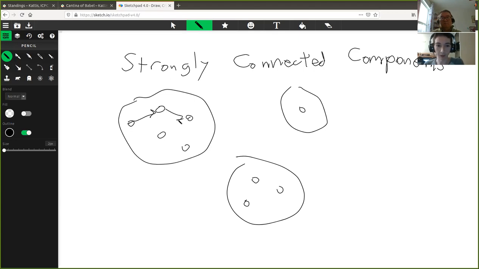So like everything can reach everything within any of these sets. And then any edges going between the components don't have cycles. So it's a directed acyclic graph if you only consider the edges between components.